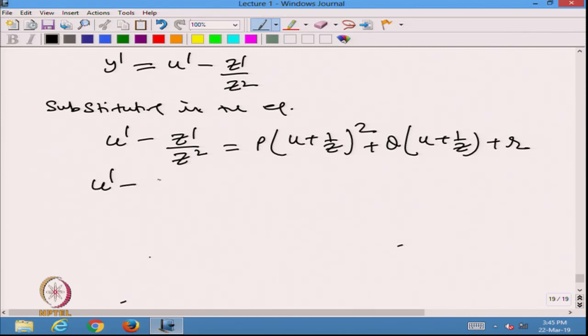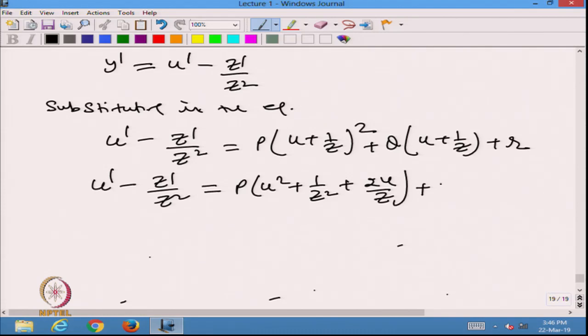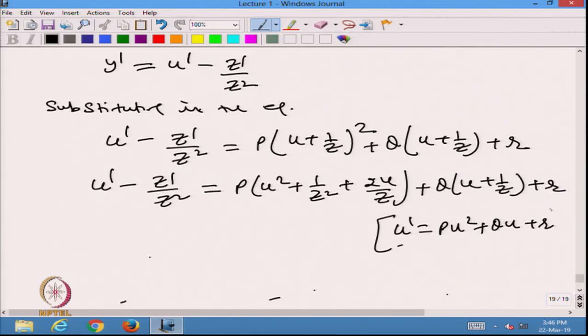From here I can have z dash over z square equal to p, and I expand this one. It becomes u square plus 1 over z square plus 2 times u over z, and this becomes q times u plus 1 over z plus r. Now I know that u is a solution, so u dash is equal to p u square plus q u plus r, because this is one of the solutions of the Riccati equation.